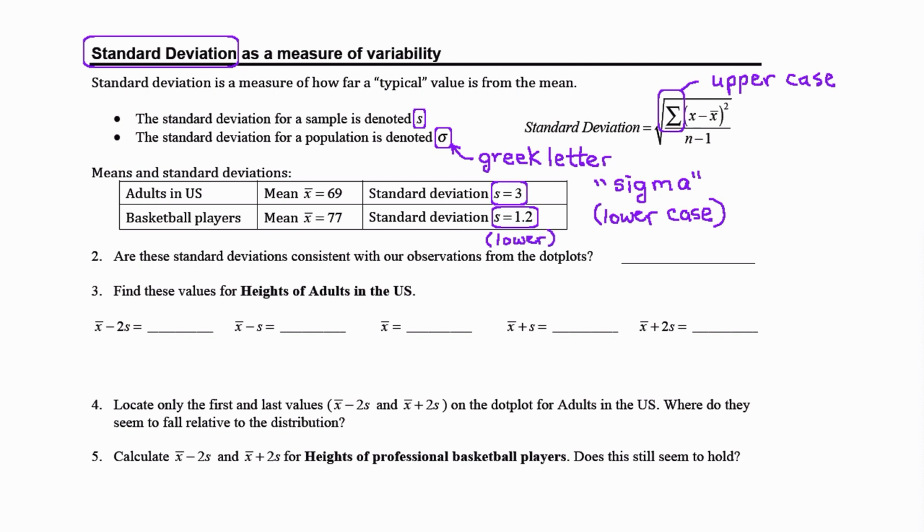We had higher variability among all adults, and we can see that we have a higher number of 3 for the standard deviation of the distribution of heights of adults. So yes, these do appear to be consistent with what we already observed from looking at the dot plots.